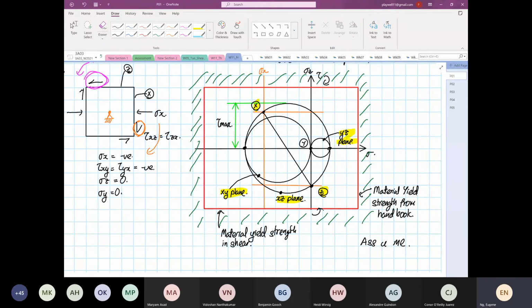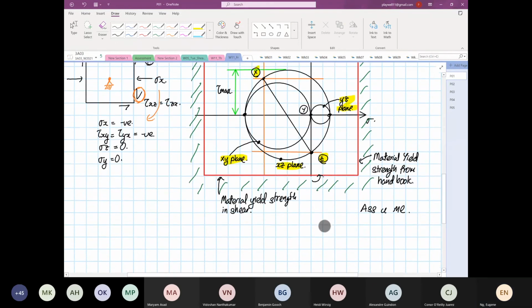Does it depend on the plane? No, the tau max, right? When we drew 2D Mohr circle, did not change at all, did it? That is why when using shaft design, we only need to use 2D Mohr circle.